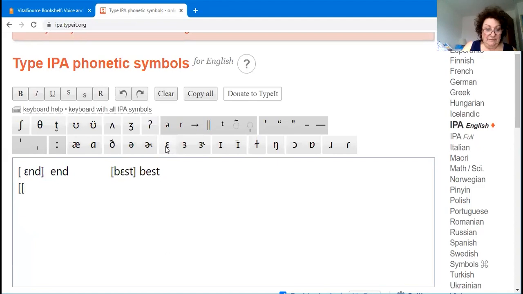So we have exit, I put it twice. And the correct pronunciation for exit is egzit, because gz, eggs, the X makes a guz.